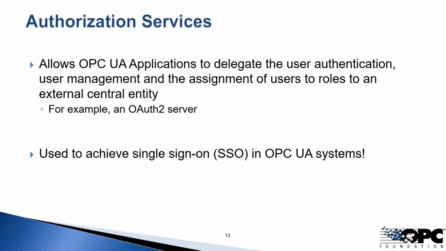This decoupling makes it easier for administrators to manage users coming and going on the system, users' roles changing on the system, without having to go to each and every OPC UA application and making changes based on those types of personnel changes. And these services are also used, and I'll explain in a further slide how this might look, but we actually achieve a single sign-on in OPC UA systems.